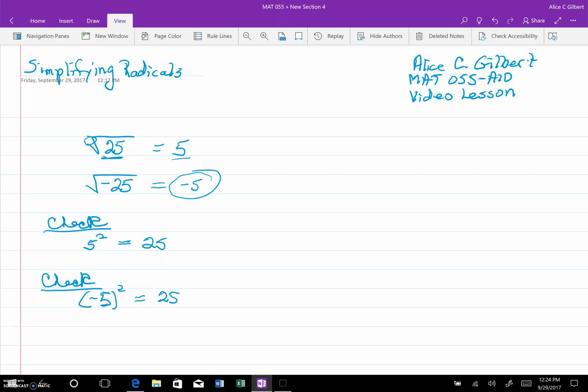And neither would 5, as we just saw a minute ago. So the answer to the square root of negative 25 is not a real, and this is very important, number. So for right now, whenever you have something like this, the answer is not a real number.